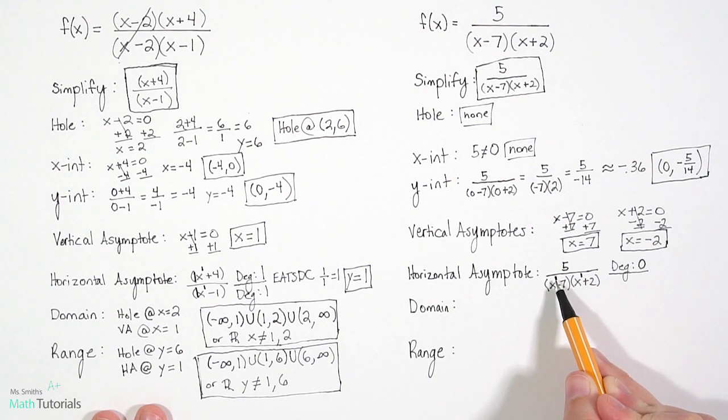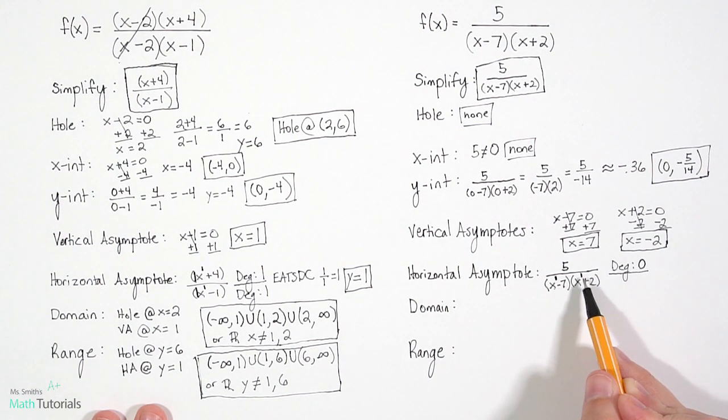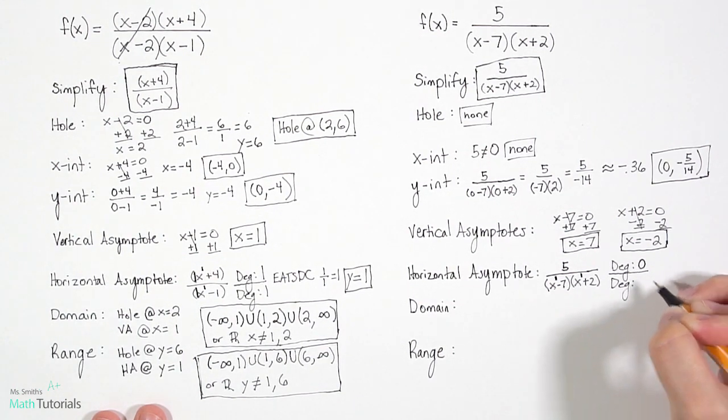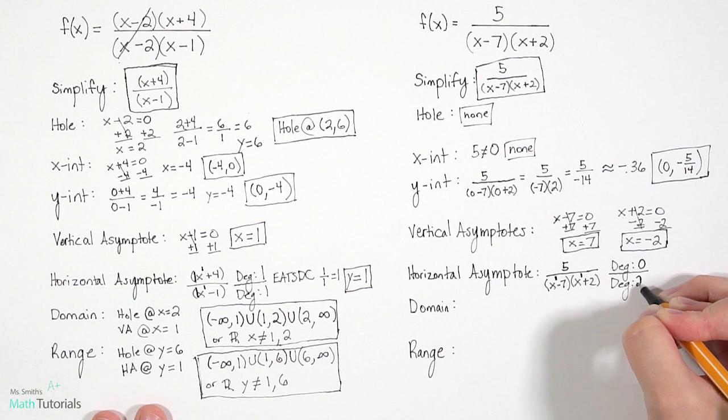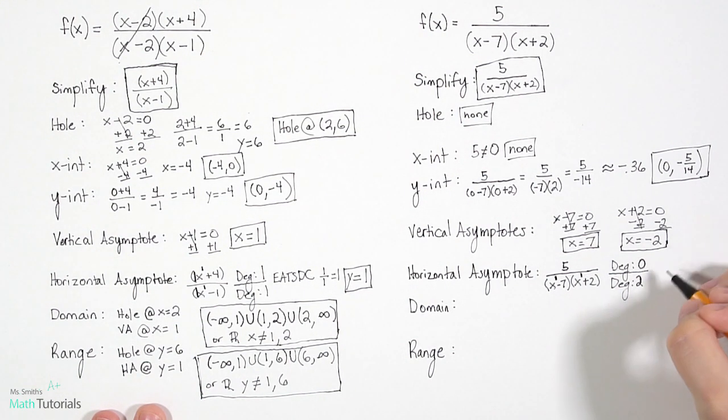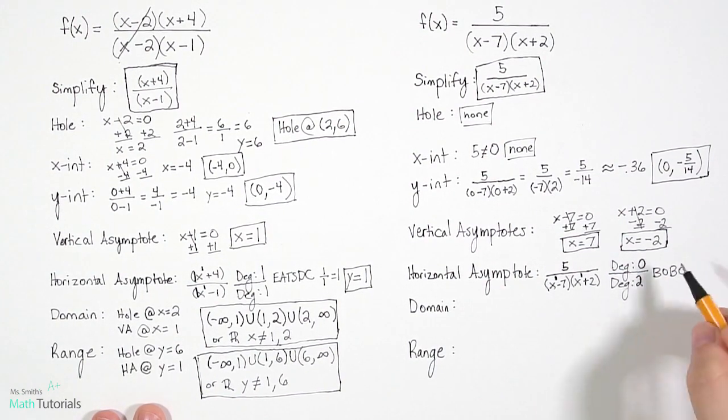So in this case, this is 1 plus 1, which is 2. So our degree of the denominator is 2. So when we compare this with our BOBO, BOTN, EATSDC, notice that the bigger is on the bottom. So this is a BOBO. And remember, bigger on bottom is 0. So our horizontal asymptote is just y equals 0.